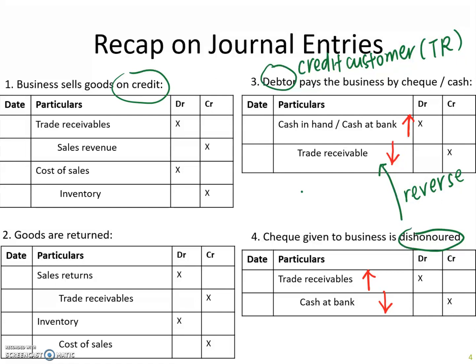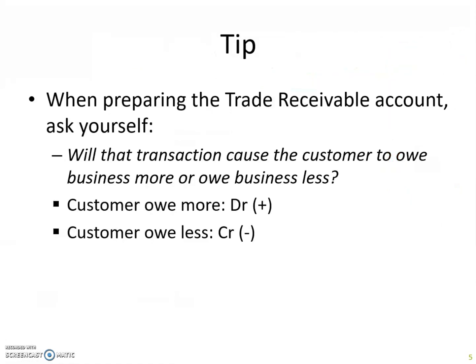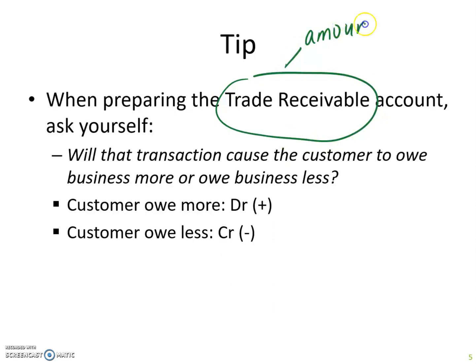Now let's move on to the next slide. So when preparing the trade receivables account, we always ask ourselves, okay, will this transaction cause the customer to owe the business more or owe the business less? If the customer actually owes the business more, we debit. Customer owes the business less, we credit. Okay, because trade receivables, in summary, is actually the amount customer owes to the business.